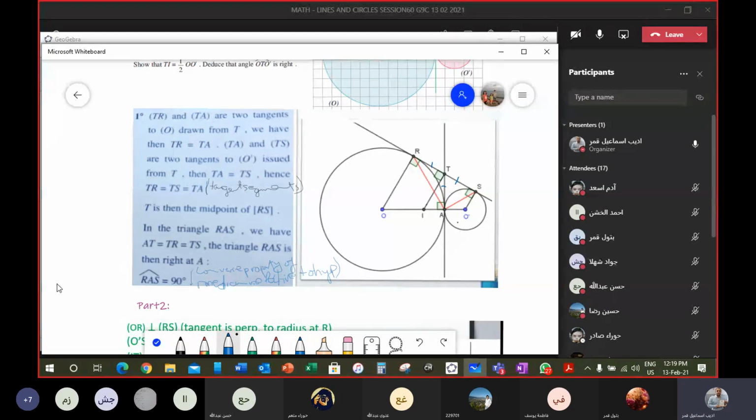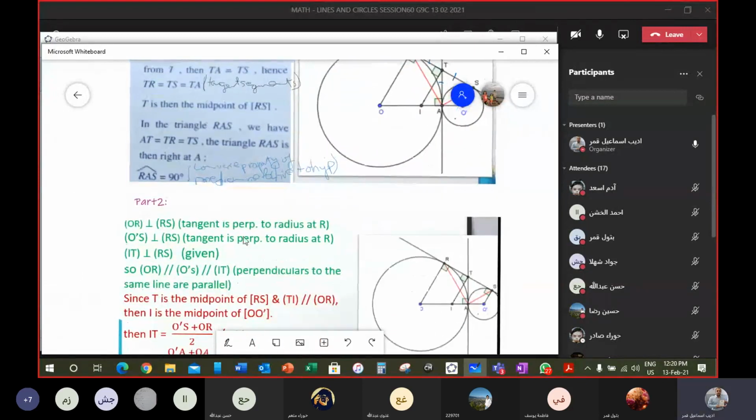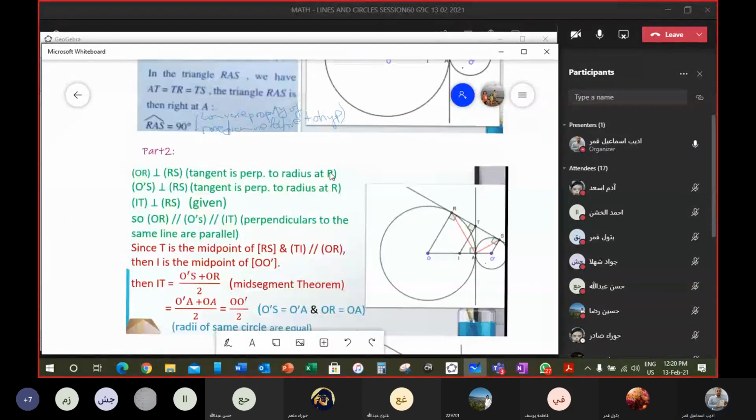Okay? Now look at what you were saying. We were saying OR is perpendicular to RS, by the property of tangency, so angle ORS equals 90. Also O prime S is perpendicular to RS, also 90 by the property of tangency.